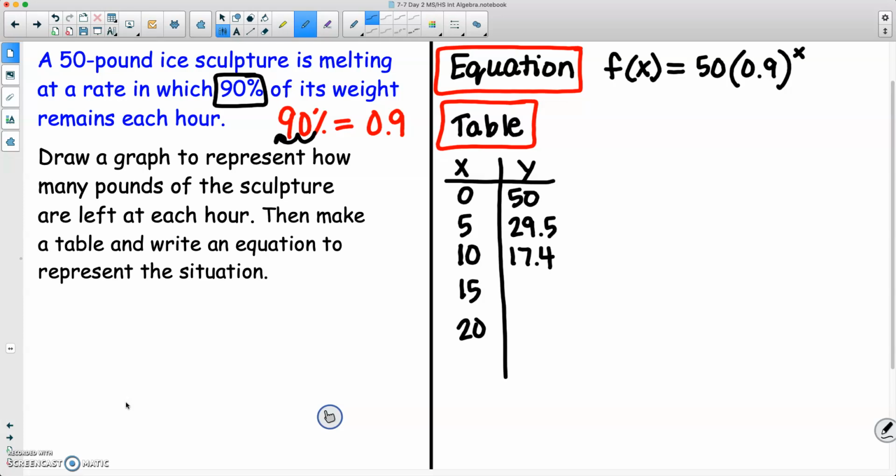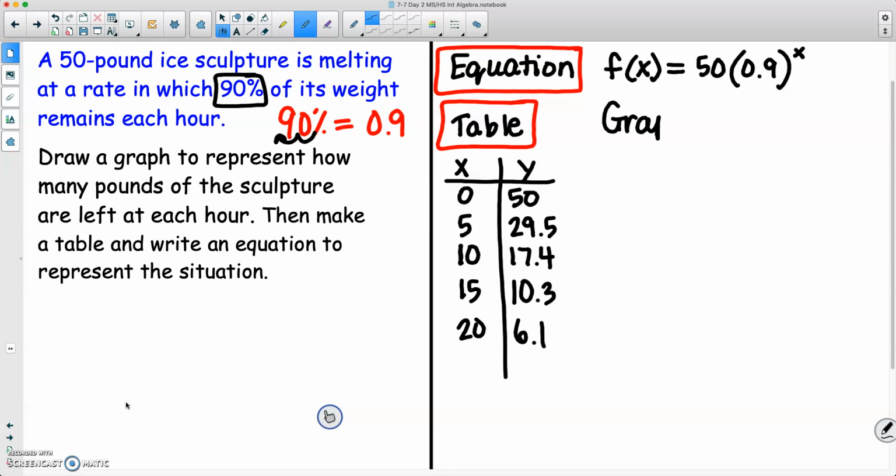Change it to 15, 10.3, and then change it to 20, 6.1. So it's melted quite a bit. So I was trying to figure out how long it was going to last. I got close. Okay, so we've got our equation and table, so we need our graph.